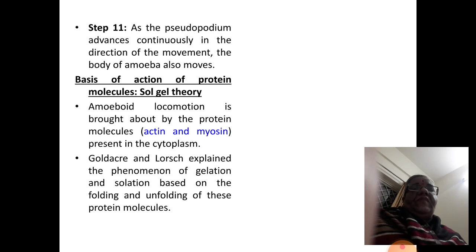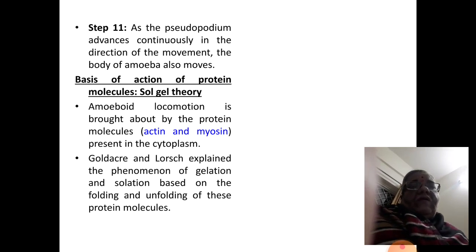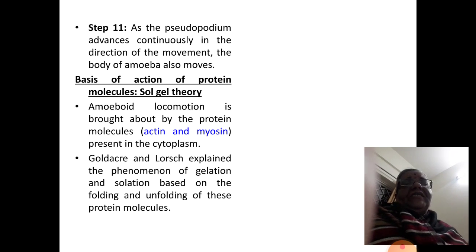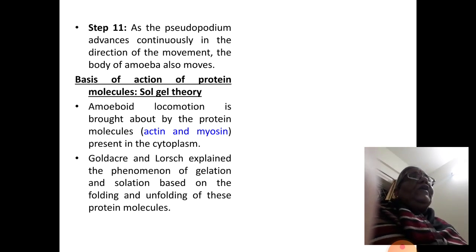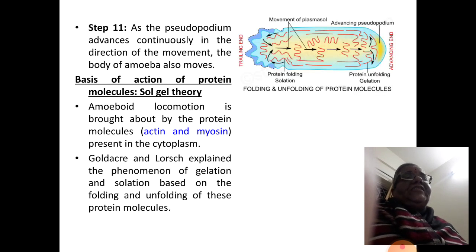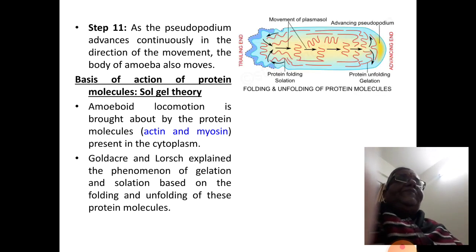The interconversion of sol and gel, the phenomenon of gelation and solation, was explained based on folding and unfolding of these molecules, based on folding and unfolding of these actin and myosin molecules.